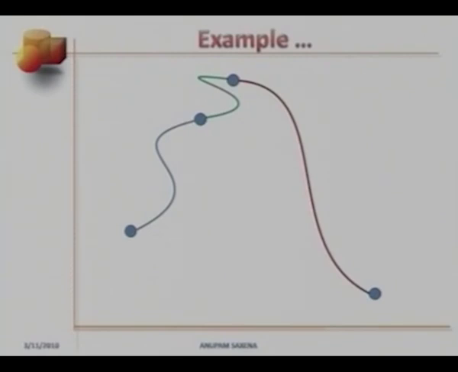In general, C1 continuous Ferguson curve will exhibit local shape control properties. For example, if I now decide to relocate this point here, only this segment and this segment will change, while this segment will remain intact in shape.